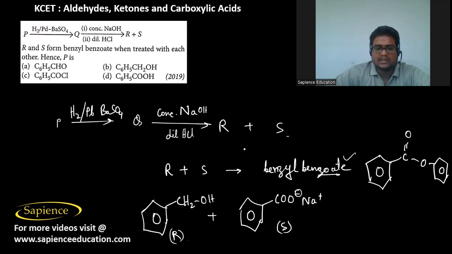Now R and S are formed by the reaction of Q with concentrated NaOH, which is called Cannizzaro's reaction, since here one alcohol is formed and one sodium salt of a carboxylic acid is formed.